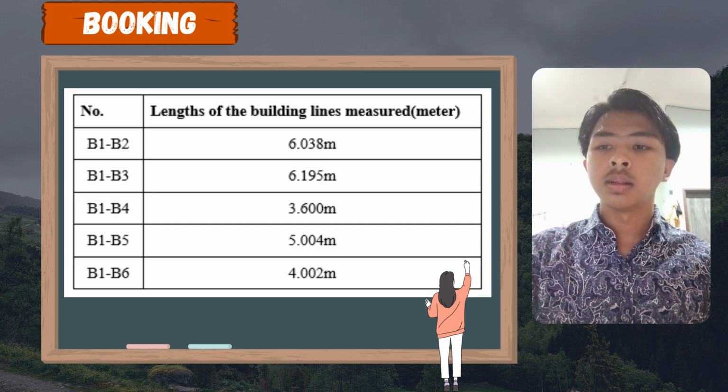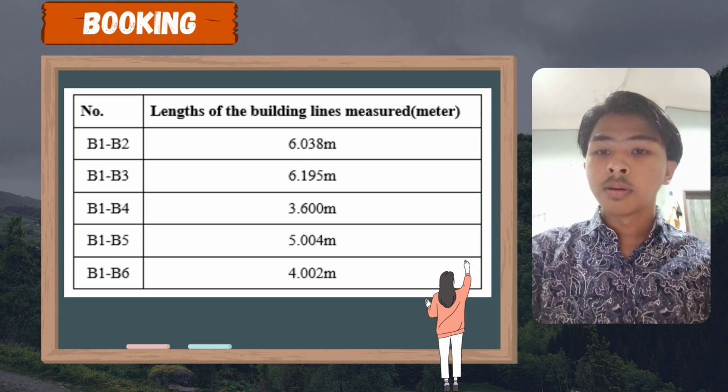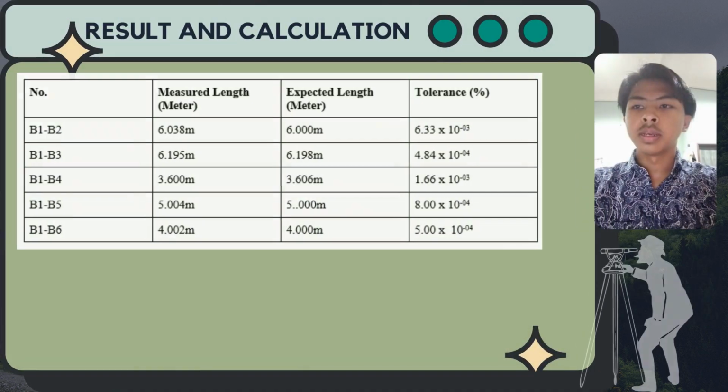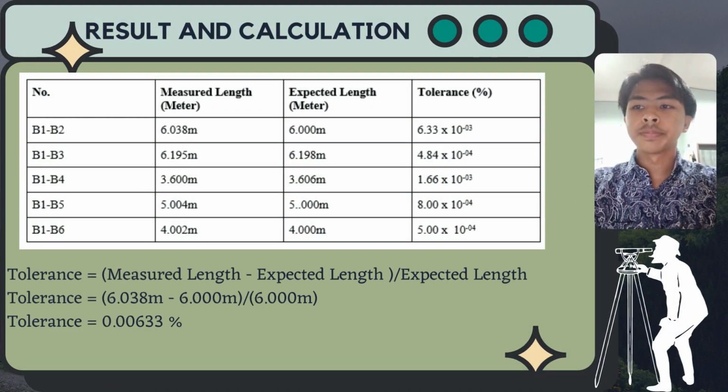Okay, the length for the line B1 until B2 is 6.038 meter, and then B1 until B3 is 6.195 meter, and B1 to B4 is 3.600 meter, and B1 to B5 is 5.004 meter, and for the last part, B1 to B6 is 4.002 meter.